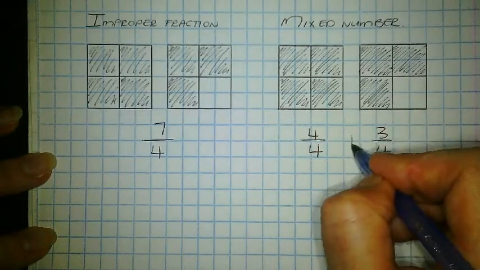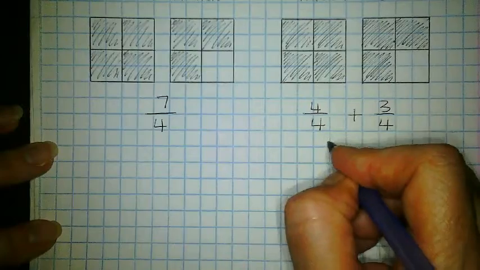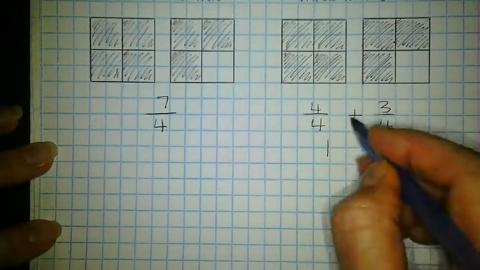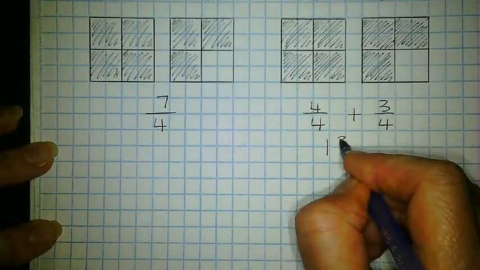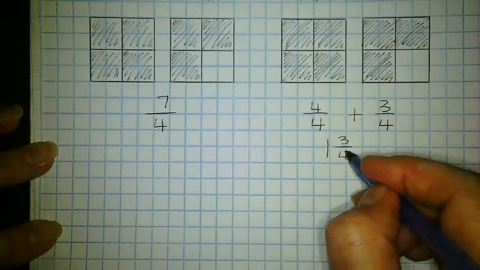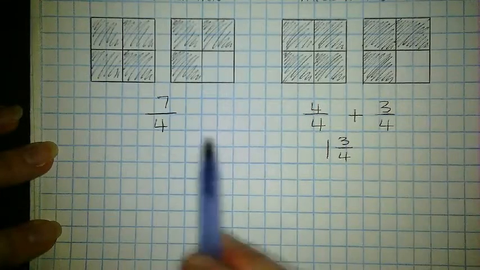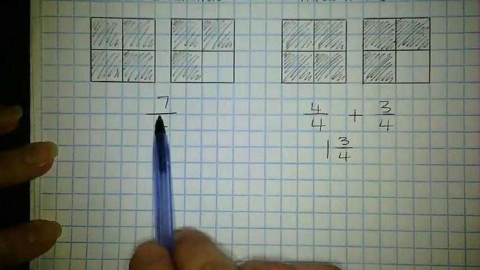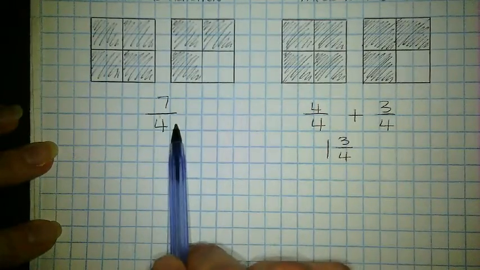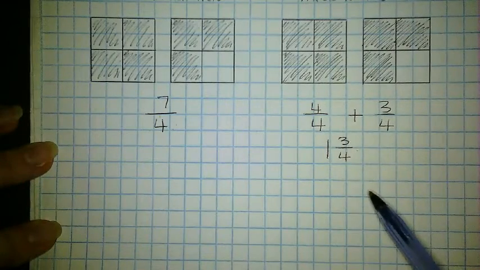So if I add them, having 4 quarters, it's actually a unit or 1, and then the 3 quarters I just write next to the 1. That's a unit, so it's going to be 1 and 3 quarters. So if you look at the difference, it's only the way of writing it. So here it's only fractions, and there it's a mixed number, a unit, with the fraction that's left.